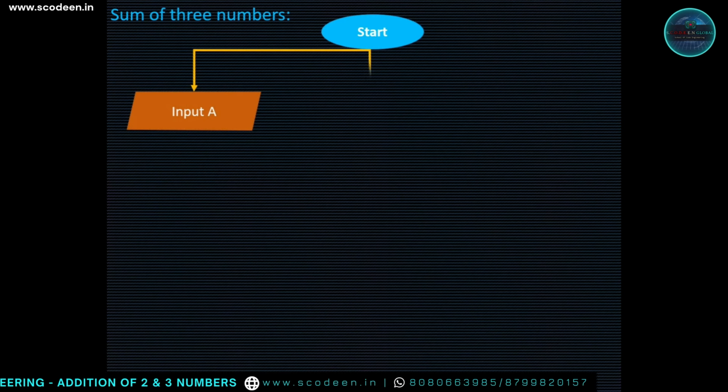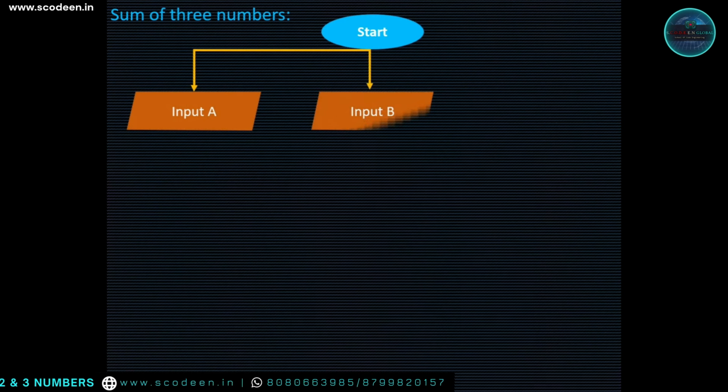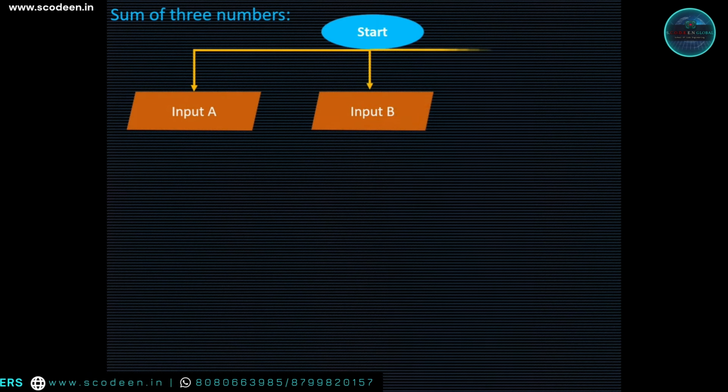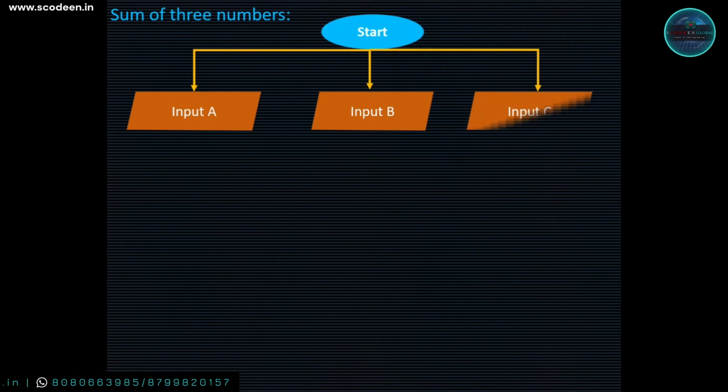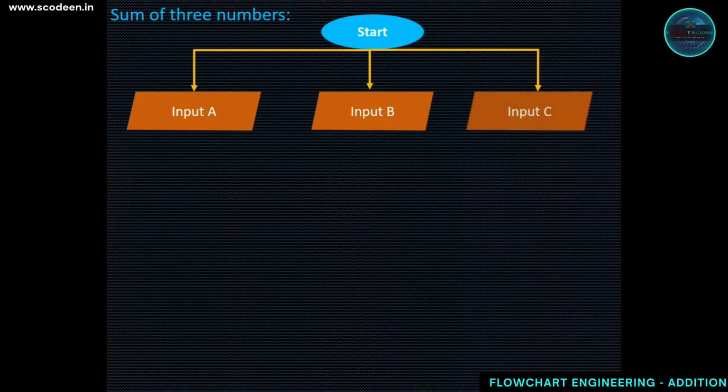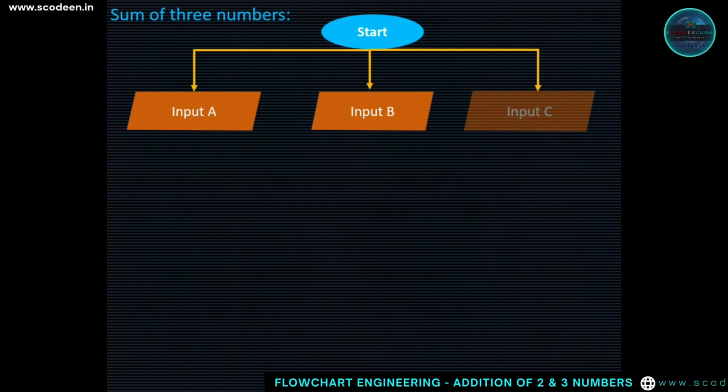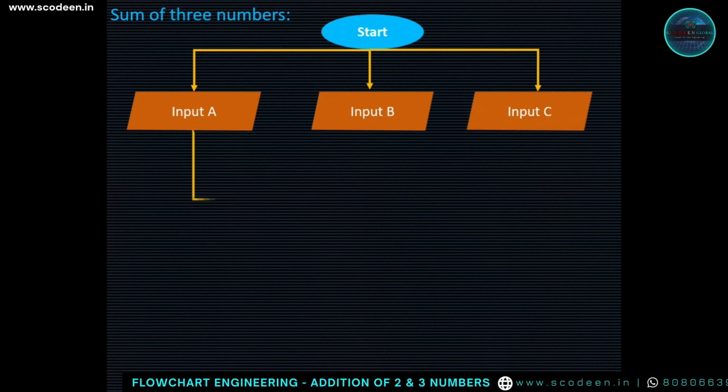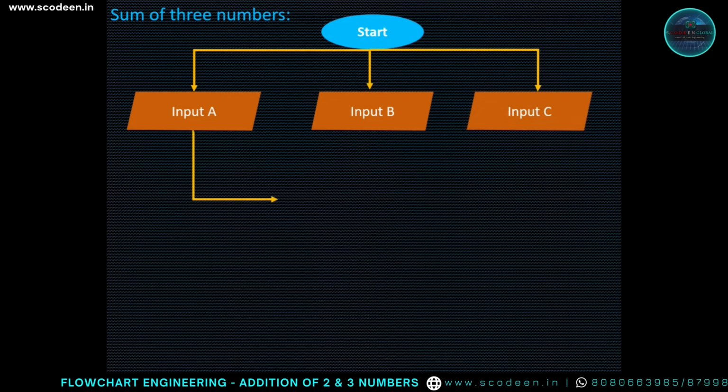Input A and input B and input C. The C is the extra input we can place here. Observe, and rest of the things will remain the same.